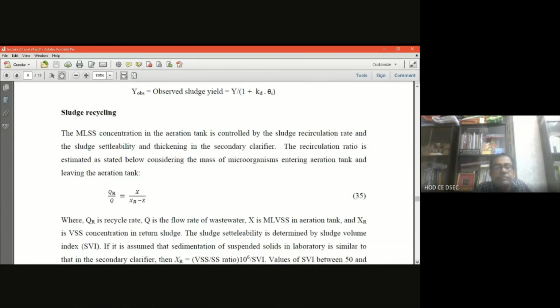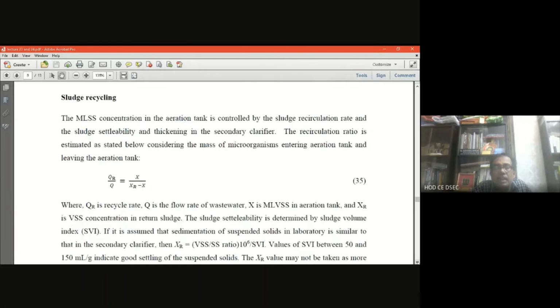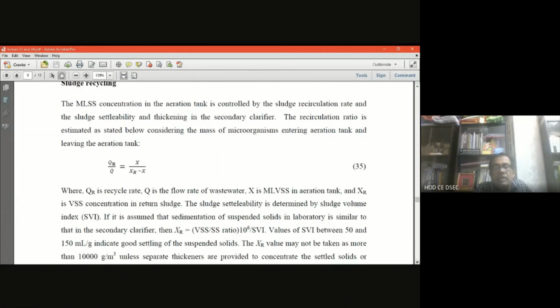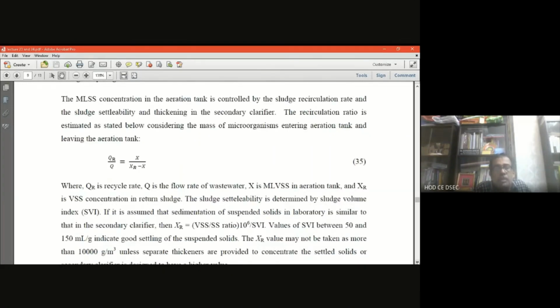The sludge settleability is determined by the sludge volume index. As we know, it is the volume occupied by 1 gram of suspended solids of sludge. That corresponding volume for 1 gram of suspended solid will give the sludge volume index.